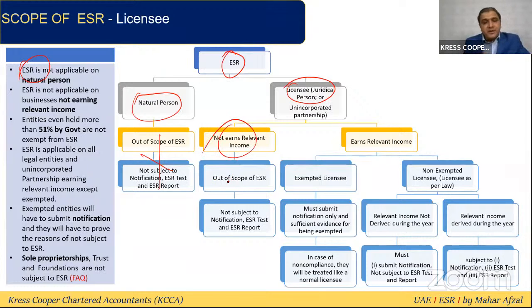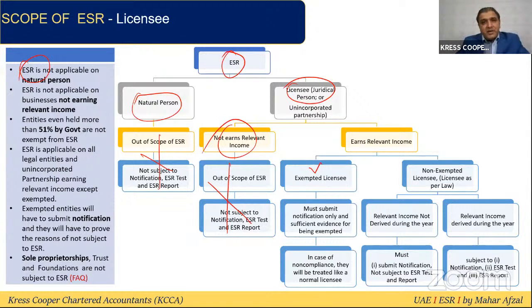If they are not earning any relevant income, it will be out of the scope as well. If they are a juridical person or the unincorporated partnership, and they are earning any relevant income, then we need to look into this. It falls under the exempted licensee category, or it doesn't fall under the exempted licensee category.